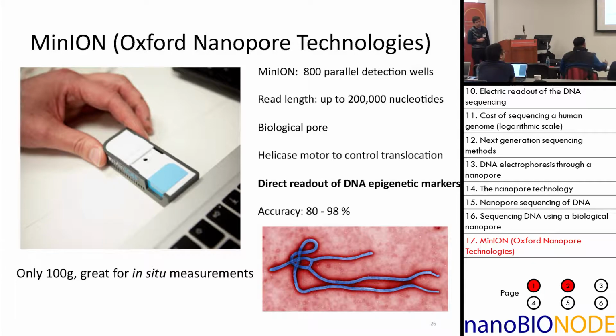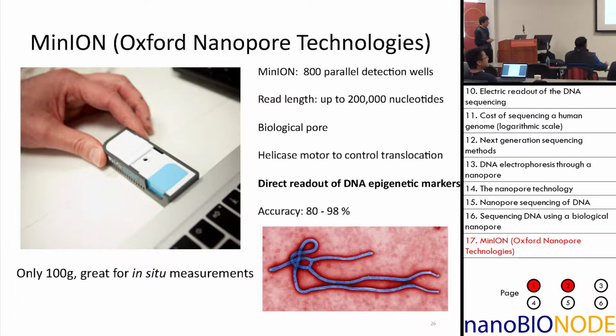The accuracy of the readout depends on whose hands it is in. People claim all kinds of numbers ranging from 80% to 98%. What's nice about it is that it can read modifications of DNA directly. This is probably the only method that can read the sequence of the DNA directly, not some kind of a product after amplification and so on.